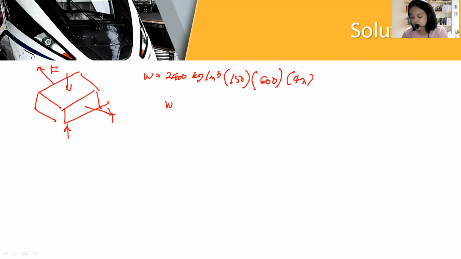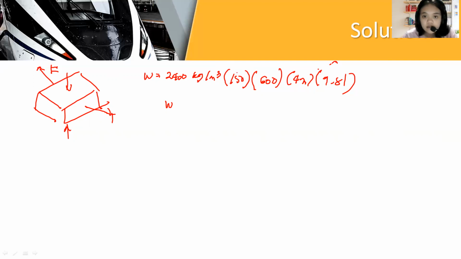W is 24 times, multiply pala natin ito sa gravity, sa 9.81. Kasi, para mapakabasa ko siya. 24 times 9.81 multiplied to 600 times 150 times 4 meters.